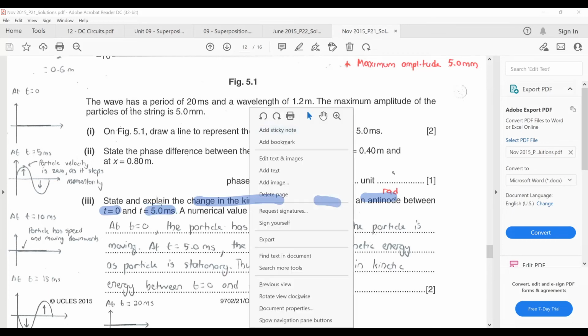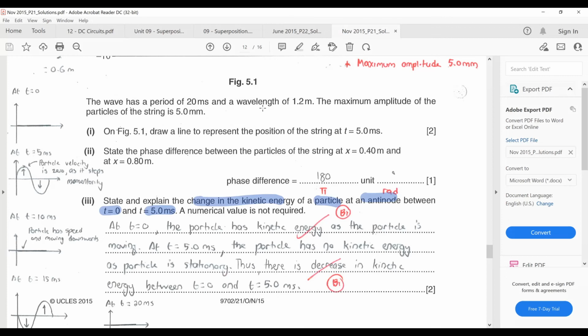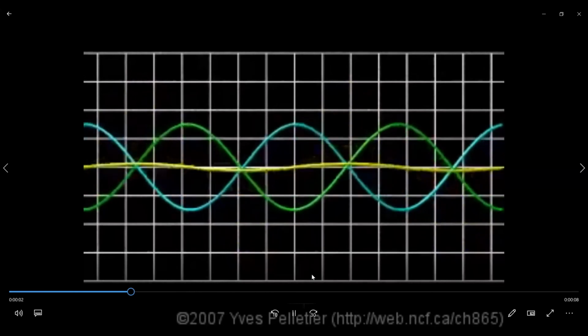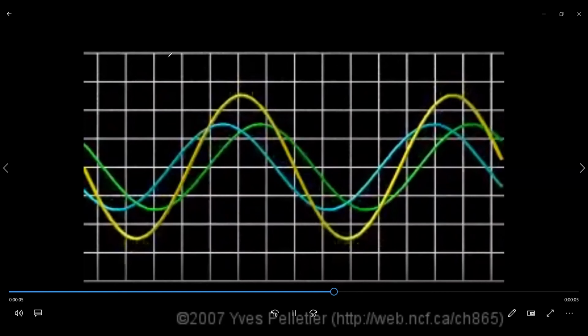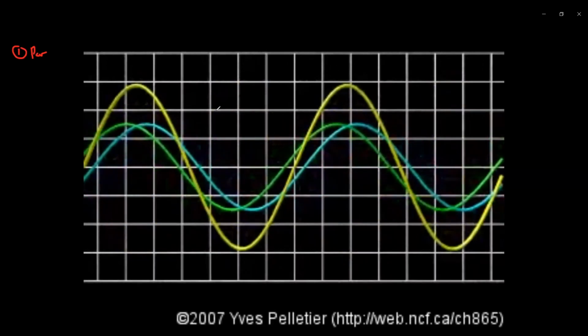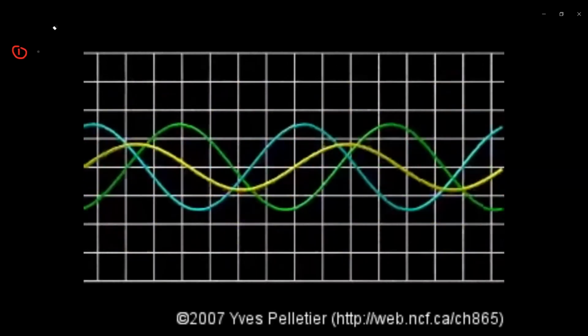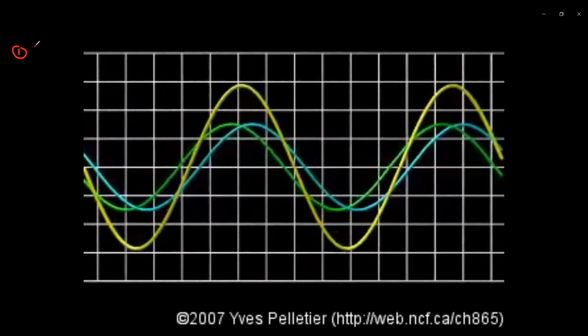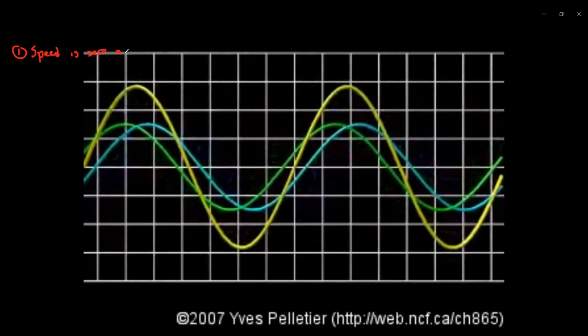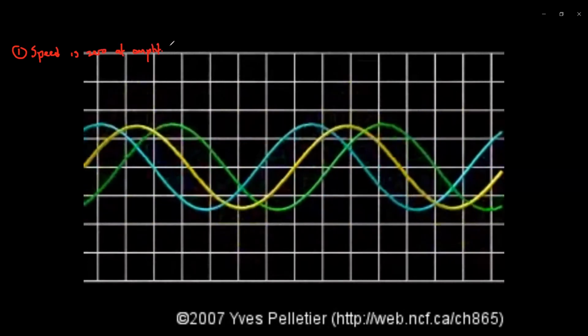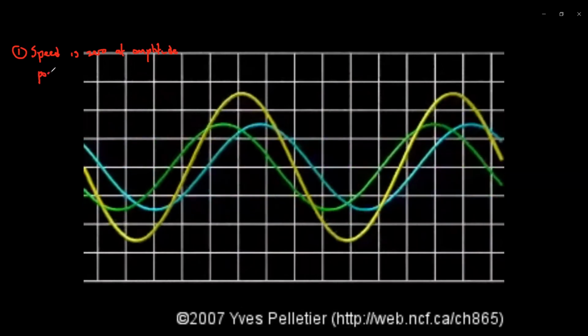All right, so this one will relate to what you learned in waves. Let me just show you that diagram again. One of the things I mentioned to you in waves was this. For any particle that's oscillating, speed is 0 at amplitude position.